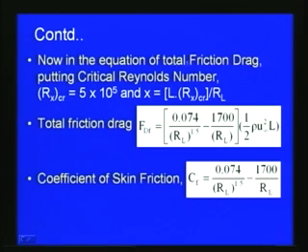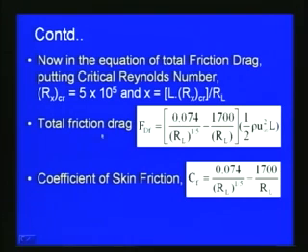If we use that linear relationship and put x equal to L into Rx critical divided by RL, we get the total friction drag FDF equal to 0.074 divided by RL to the power 1 by 5 minus 1700 divided by RL into half rho u infinity square into L.